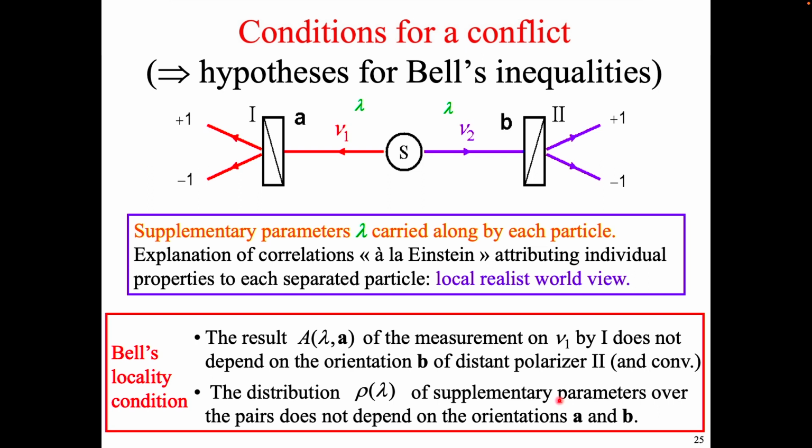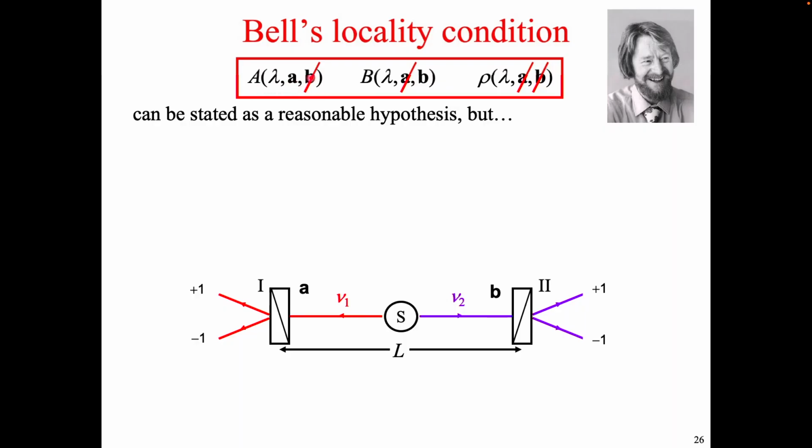And then the locality condition that Bell found necessary to find the contradiction is the fact that the result of the measurement here cannot depend on the orientation here, which can be written mathematically as saying that the function capital A cannot depend on b, and reciprocally capital B cannot depend on a, and of course also you need to have the way in which the pair are emitted not depend on the orientation of the polarizer.